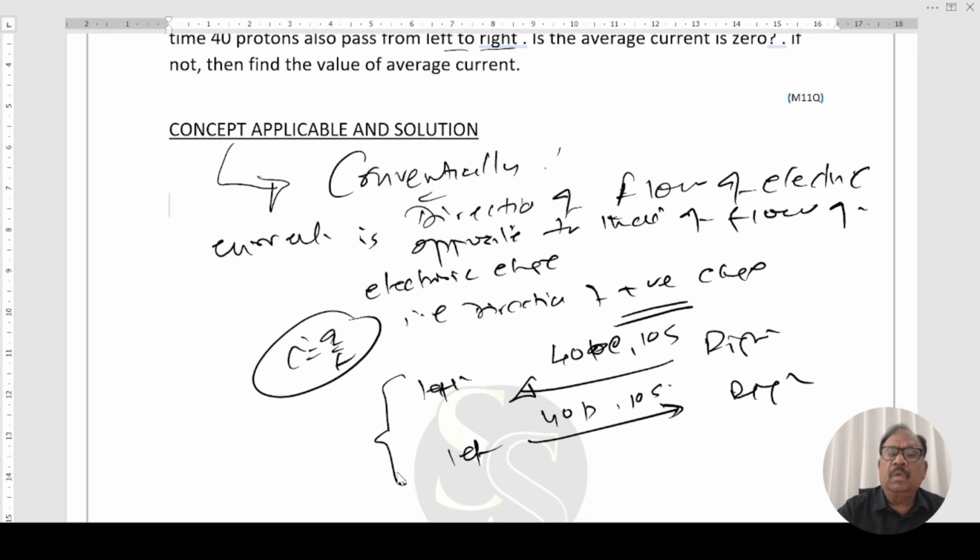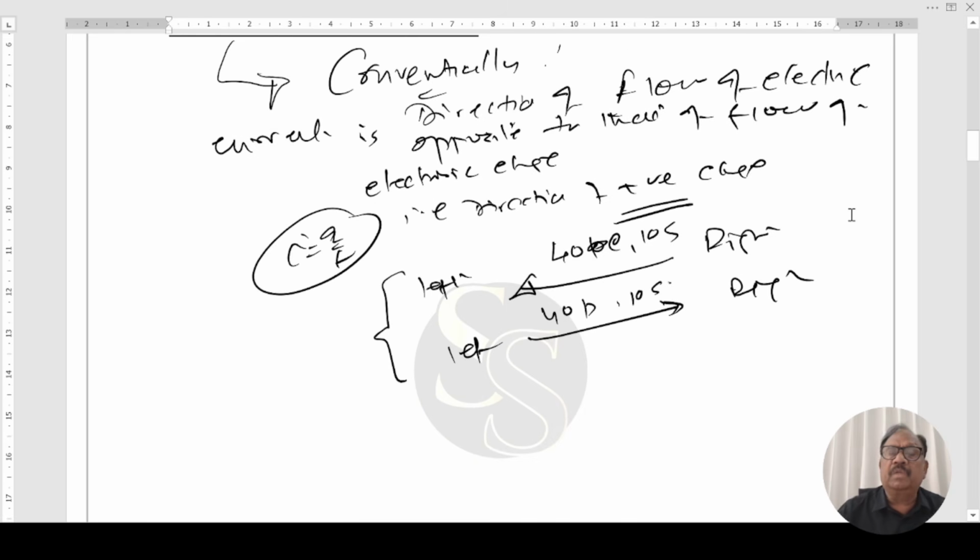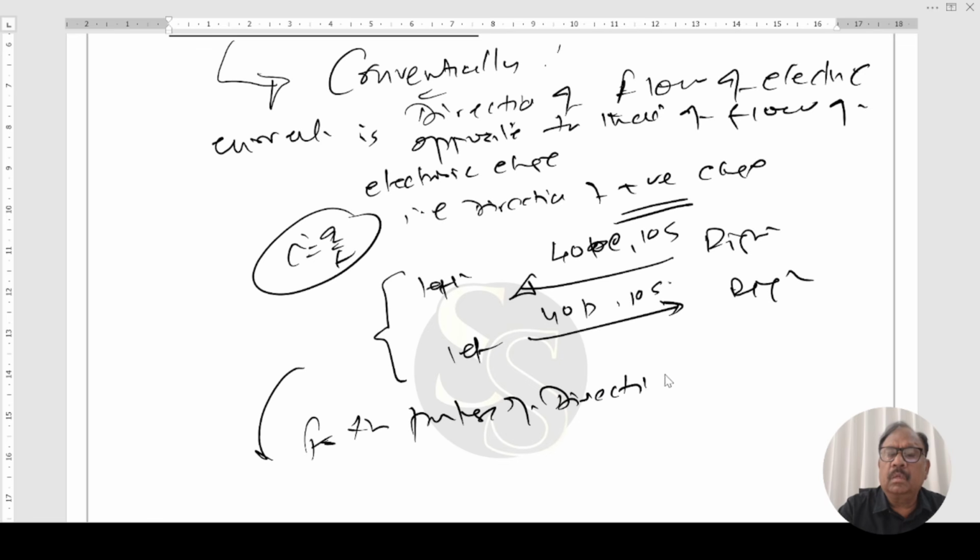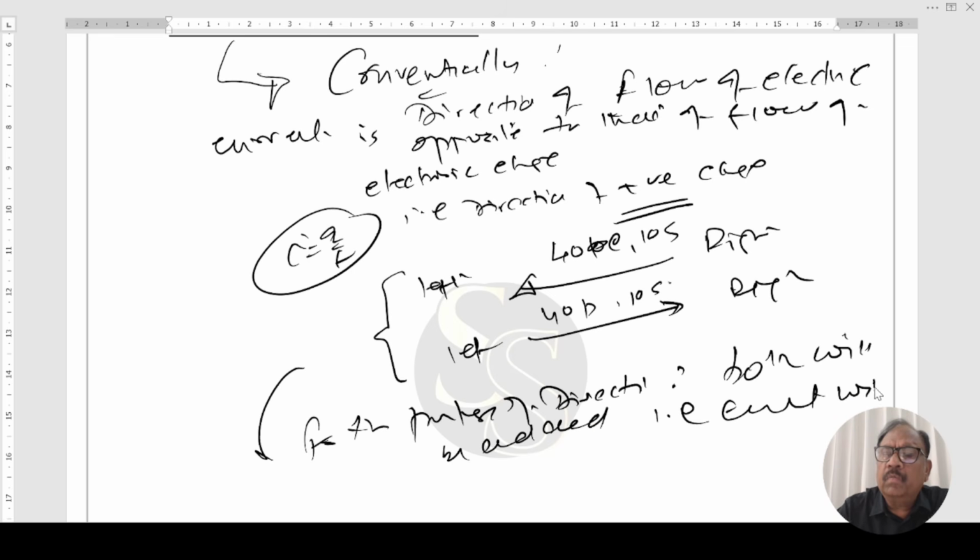Now, conventionally, both directions will be considered the same for the purpose of direction, both will be added. That is, current will not be 0.